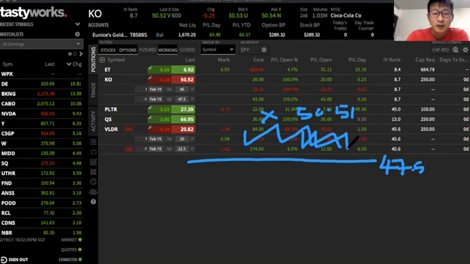Then the system will help you to close your position. What is the position? You are selling a put at the 47.50, and you're also buying a put. Remember, we pay premium for the put, which is the insurance.